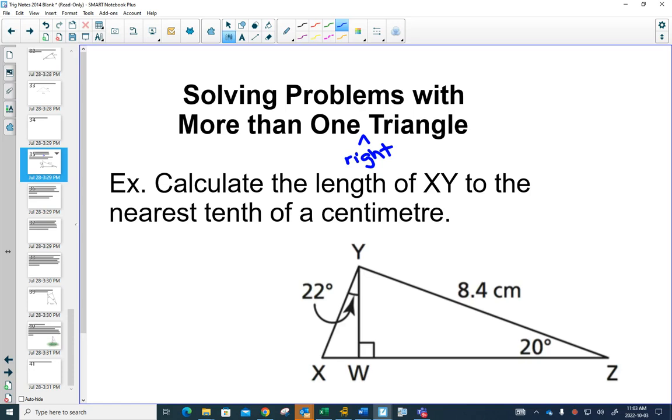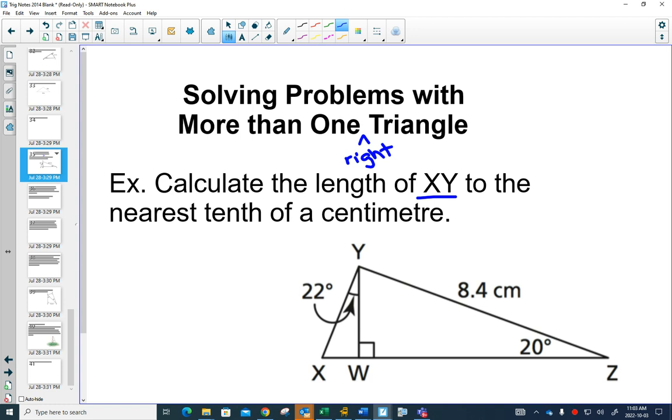So sometimes the hardest thing to do is to see where both the triangles are, and sometimes it's not too bad. So in this first example, you want to find the length of XY. And you'll start to notice that in these bigger questions, they start to use lengths like XY instead of a little letter, because how would you describe this side?